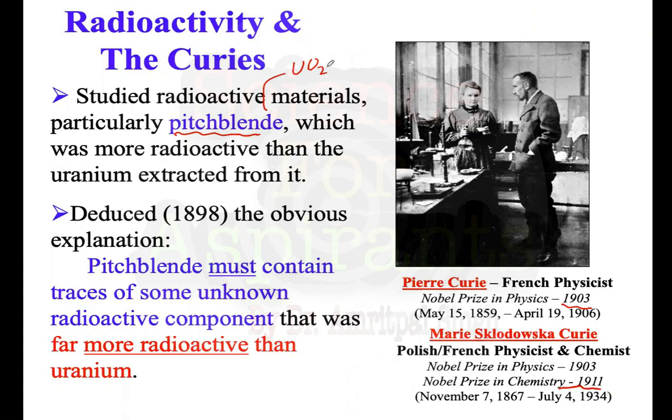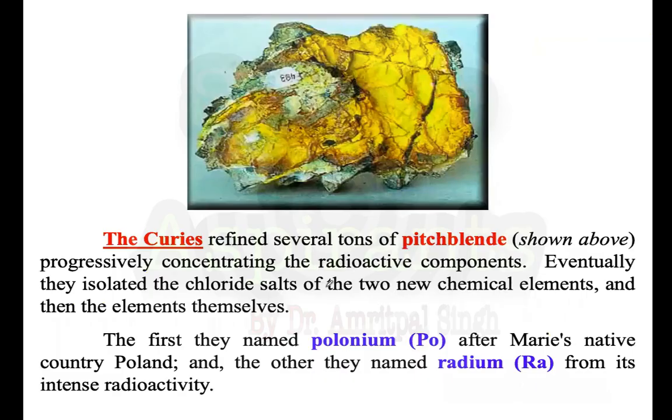So on December 26th, Marie Curie announced another radioactive particle present in pitchblende, which they named polonium. Later they found another one, radium. These are the two new elements they found from pitchblende, and due to these discoveries she got the Nobel Prize in Physics and in Chemistry in 1911.